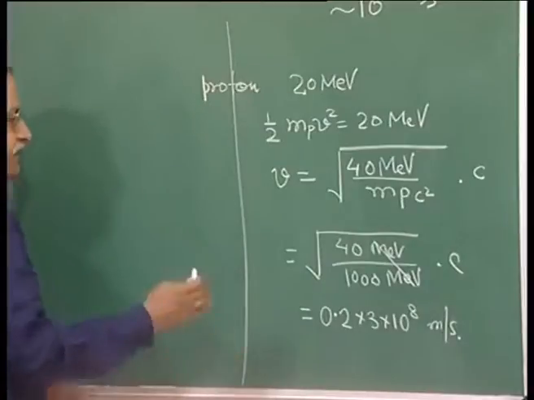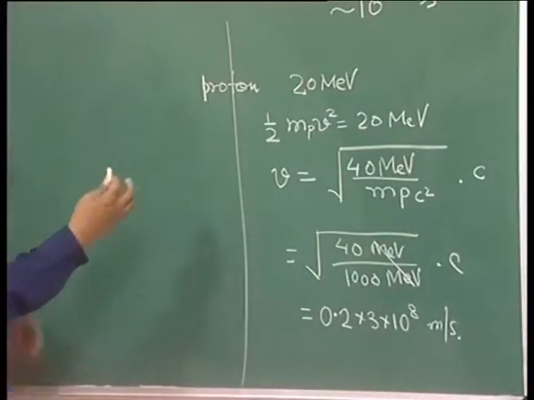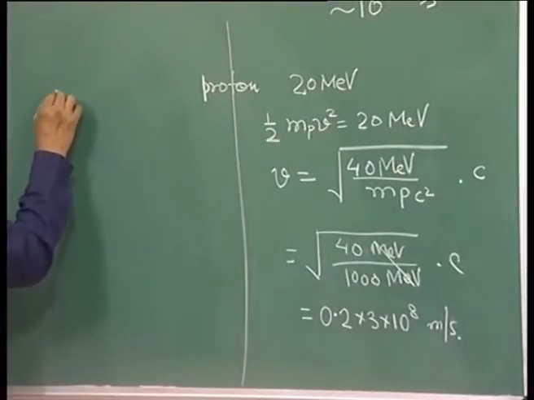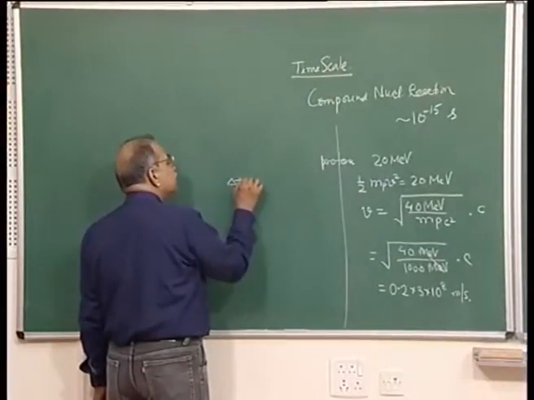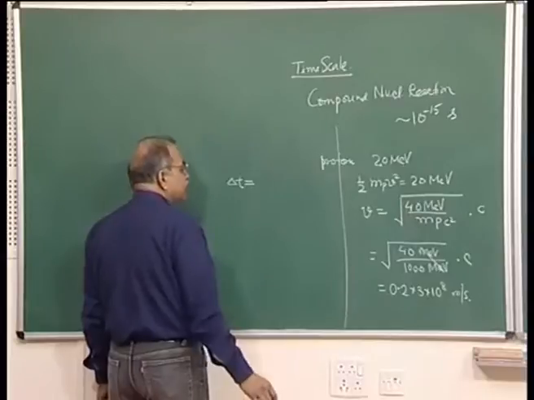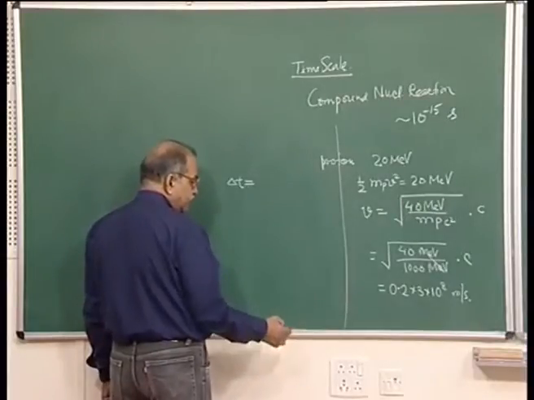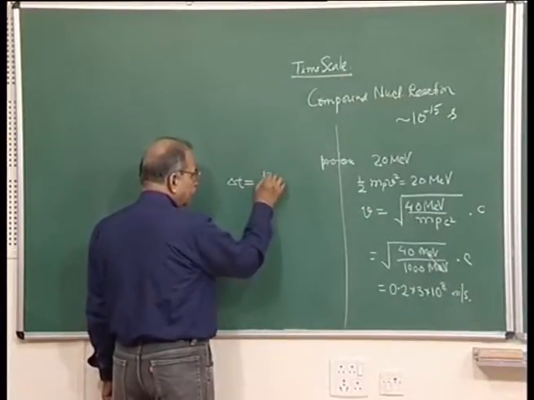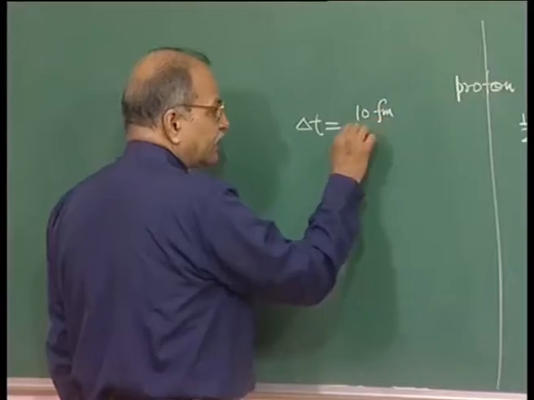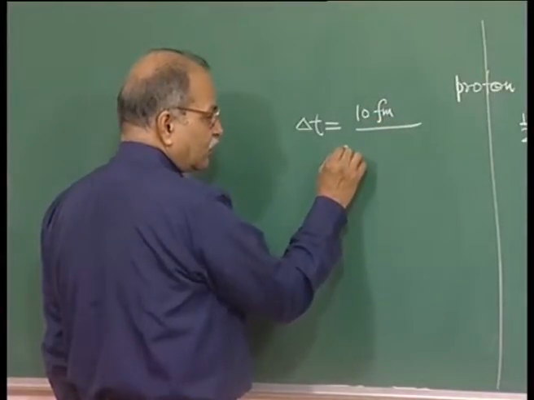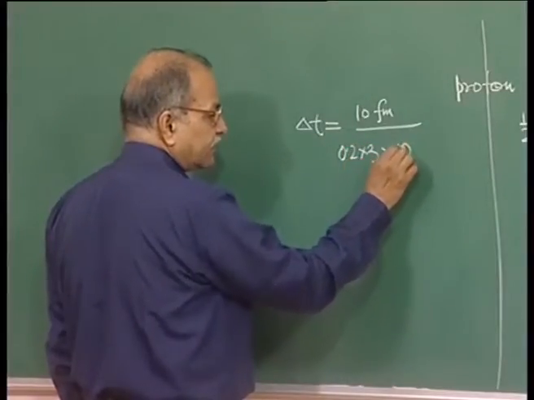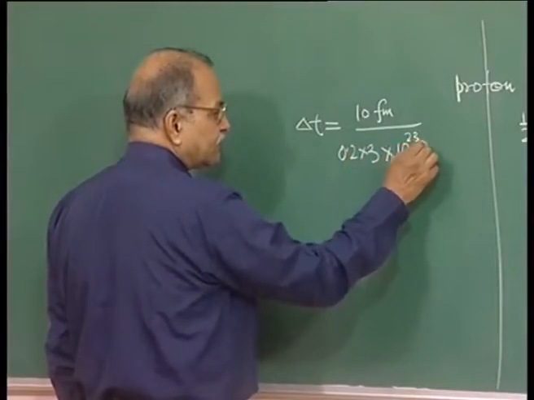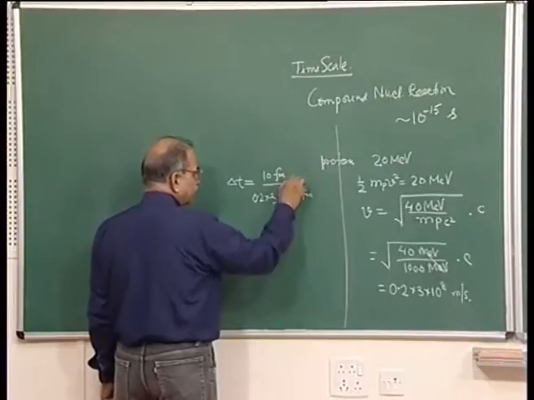If I take the nuclear size to be, let us say, 10 femtometers, the time taken by this particle to cross that nucleus will be 10 femtometers divided by 0.2 into 3 into 10 to the power 8, which is 10 to the power 23 femtometers per second.